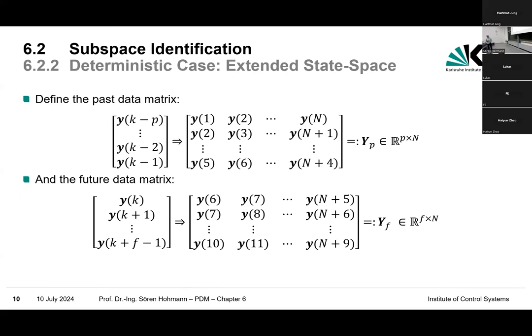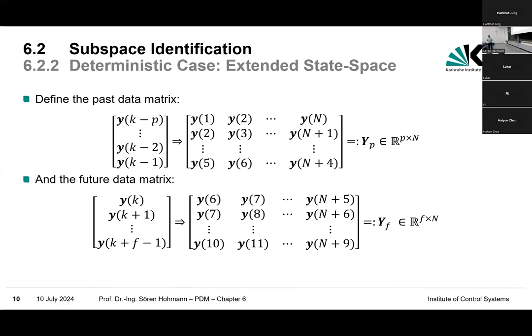First of all, I have to introduce some matrices which are necessary for that. The first is the so-called past data matrix. It's built by means of the matrices we looked at before, but now we look into the past from a specific time instant K, P steps into the past.